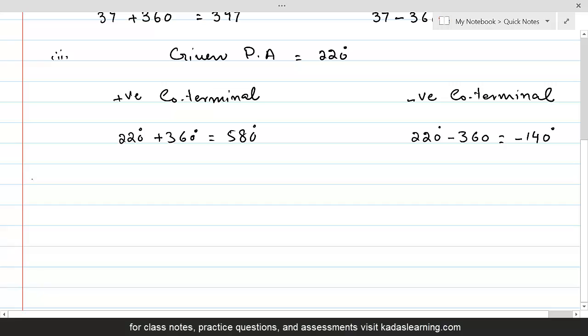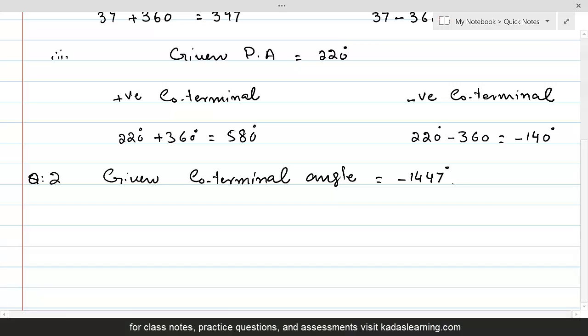So now question number 2, given coterminal angle is equal to minus 1447 degrees, and there is another angle which we'll do as a second part. So let's find out the principal angle for this.